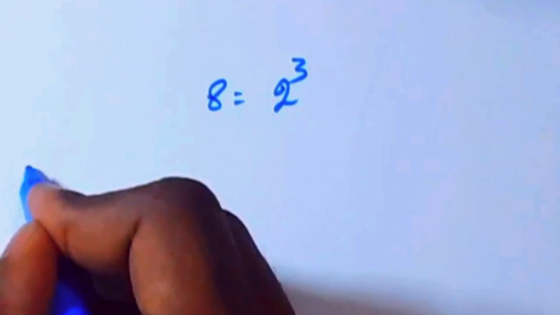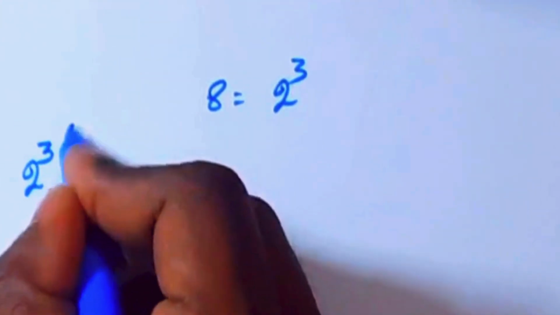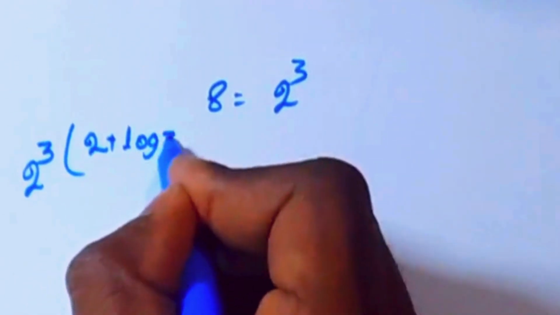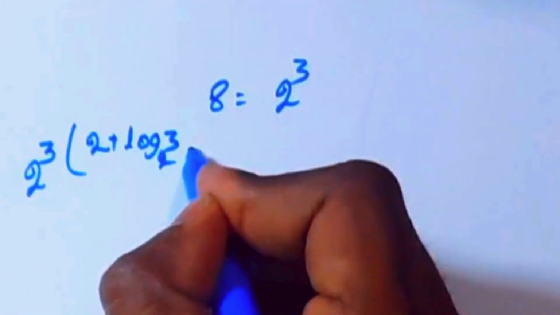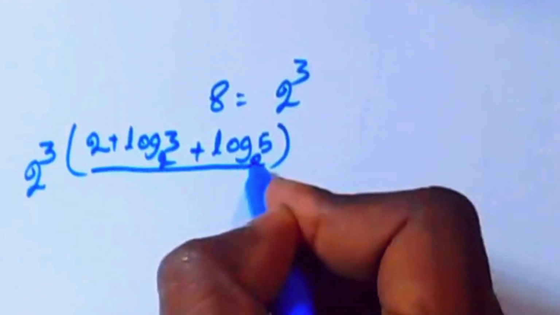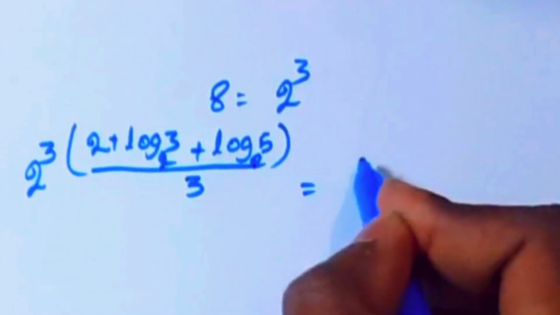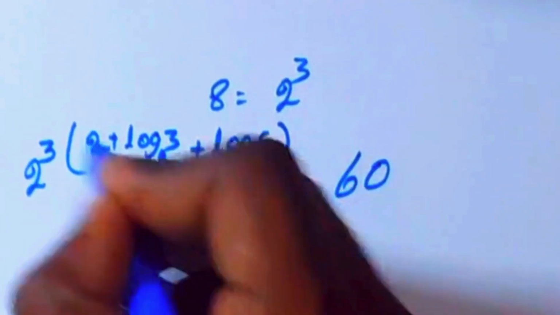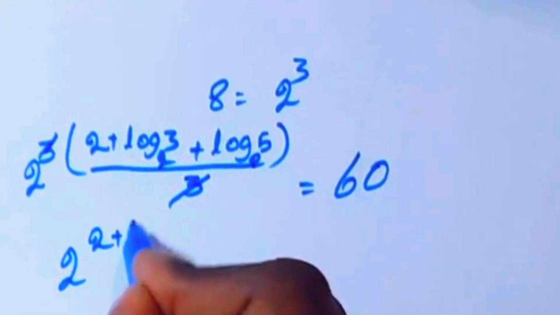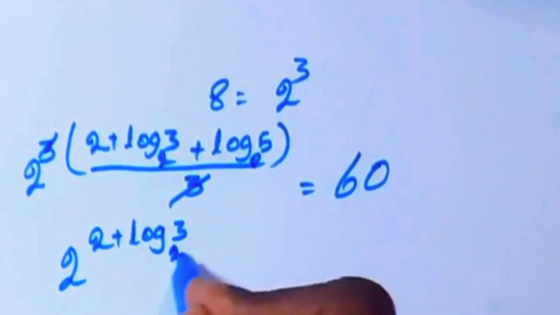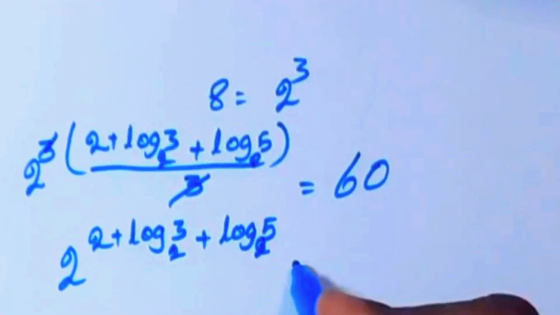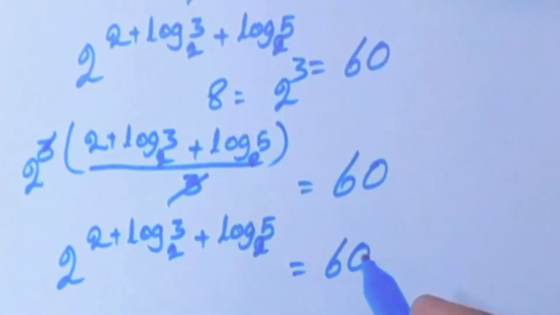So 2 power 3 times (2 plus log 3 base 2 plus log 5 base 2) whole divided by 3 equal to 60. This 3 cancels this. So we have 2 power (2 plus log 3 base 2 plus log 5 base 2) equal to 60.